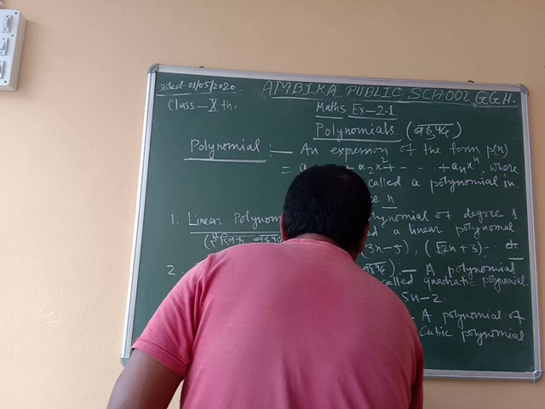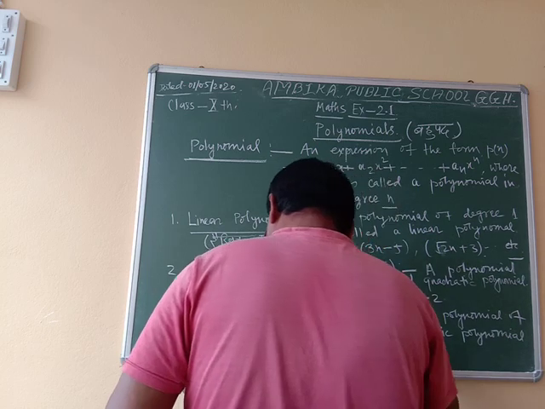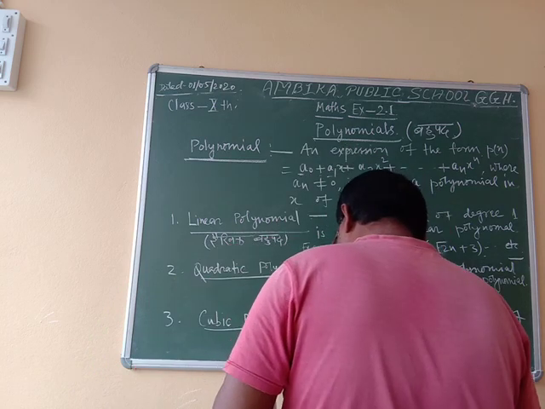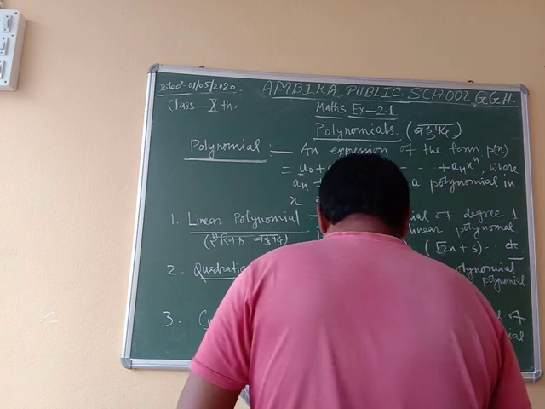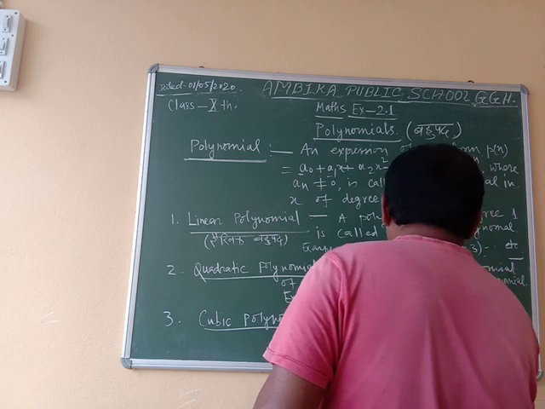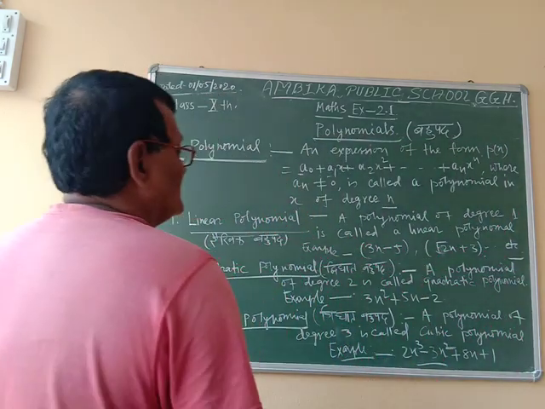Example: 2x³ − 3x² + 8x + 1. This is an example of a cubic polynomial.